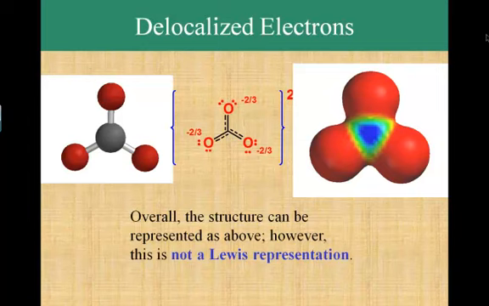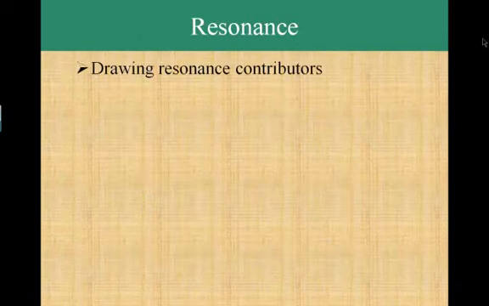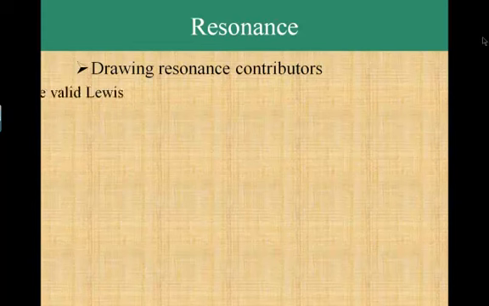So we have three oxygen atoms sharing two negative charges. Or in other words, we can say each oxygen has a minus 2/3 charge, and each carbon-oxygen bond is equivalent to 1 1/3 bonds.